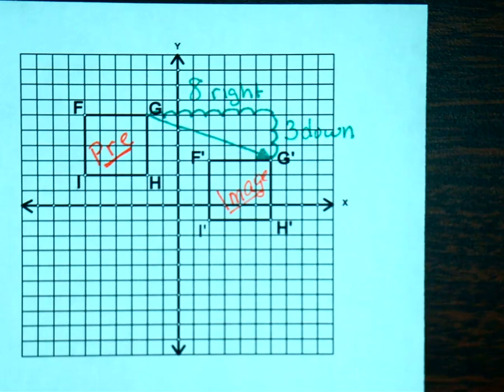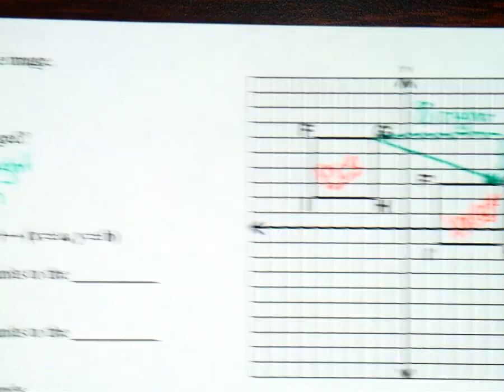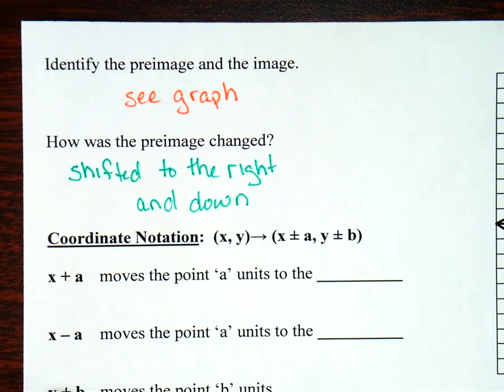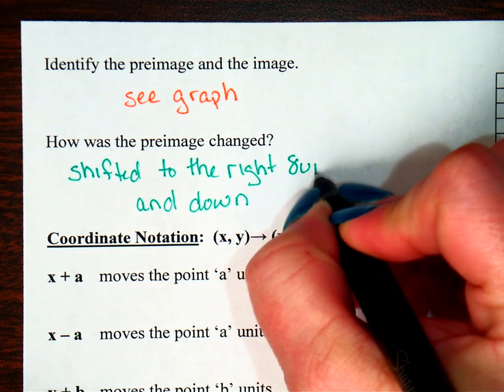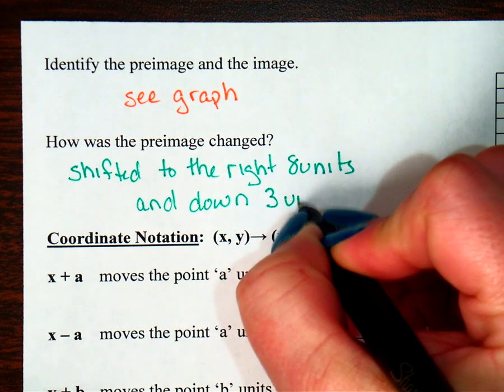So I'm moving 8 units to the right. That's blurry. 8 units to the right and 3 units down. Okay, so when it says, how was my pre-image changed? I shifted to the right 8 units and down 3 units.